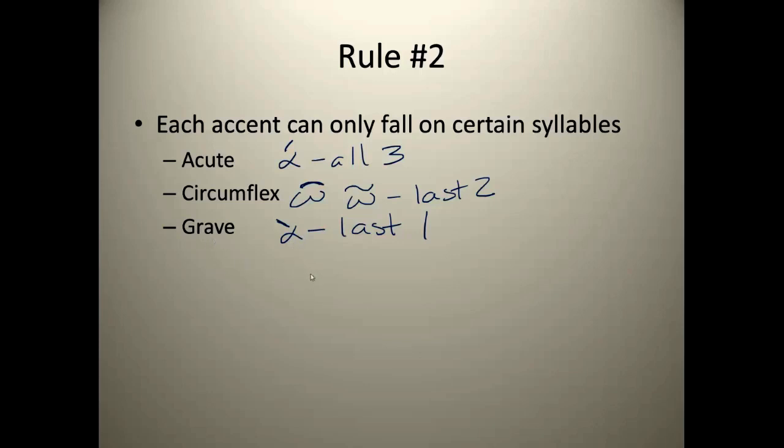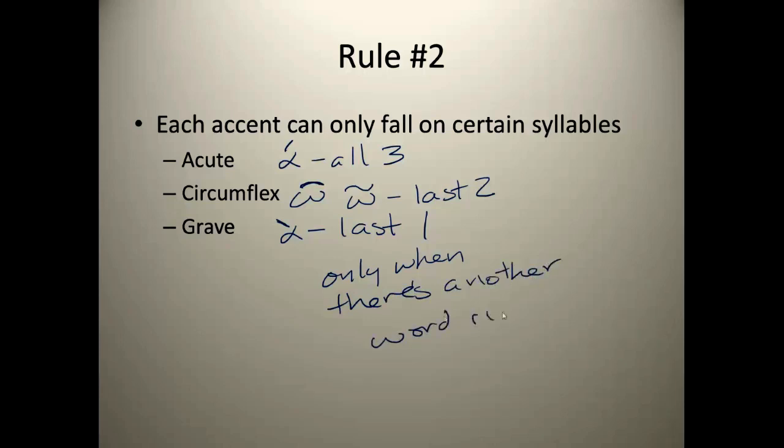Okay, so the grave, last syllable, only when there's another word right after. Okay, so rule 2 is important. That is, it's not going to be completely arbitrary. You would never find a grave on the third from the end. You would never find a circumflex on the third from the end. So we're sort of narrowing where we can put what kind of accent.